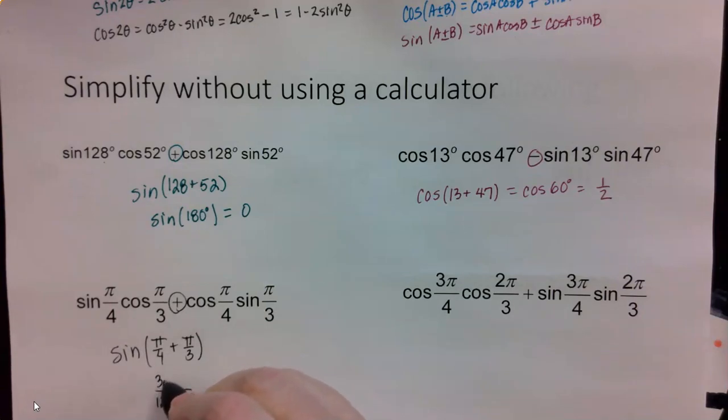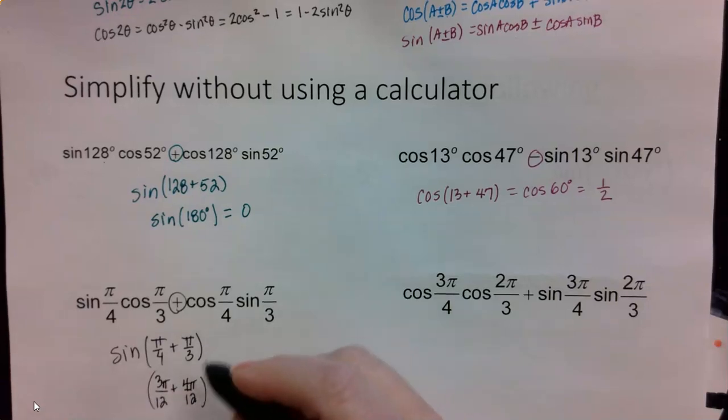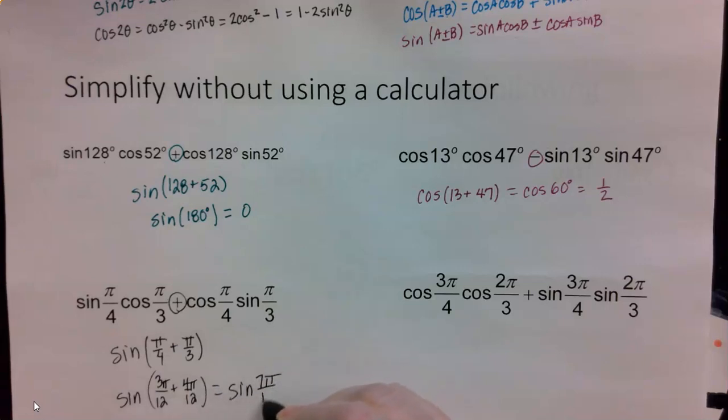So this is 3 pi over 12 plus 4 pi over 12, right? Which is really the sine of 7 pi over 12. And we don't know that without a calculator, so we're done.